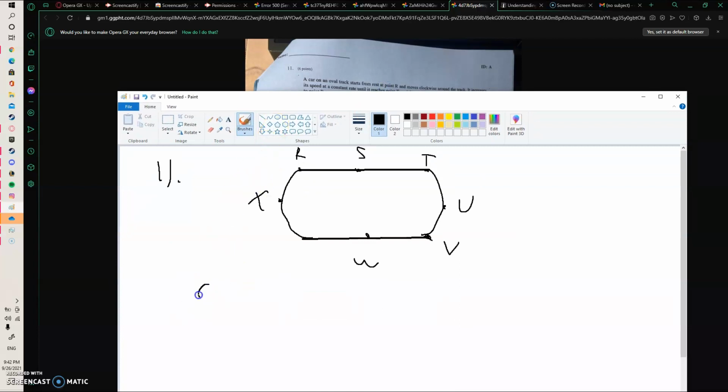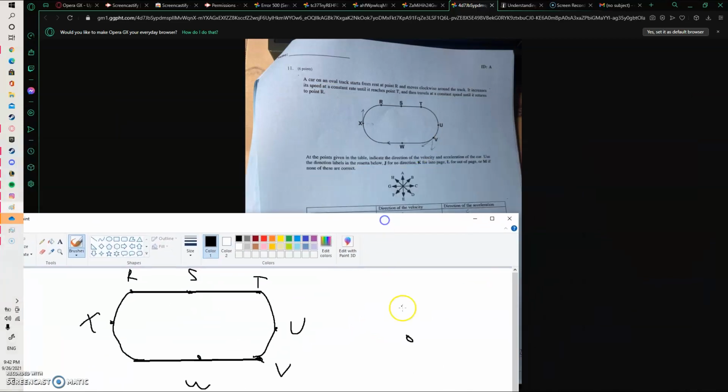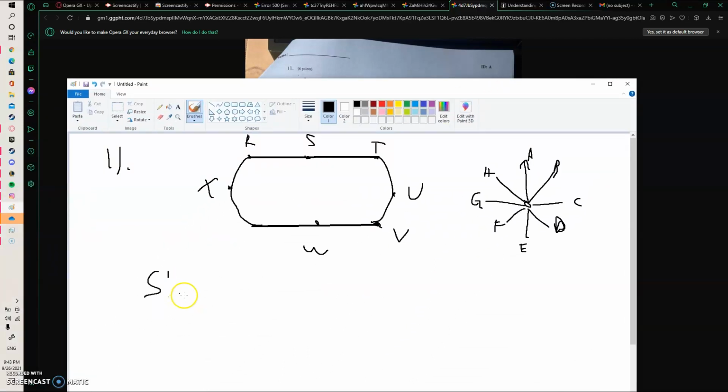So we can just start off with point S. The directions are in this format: A, B, C, D, E, F, G, and H. So at point S, we know that the direction of the velocity is this way and the direction of the acceleration is this way.